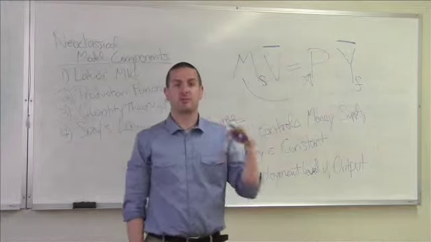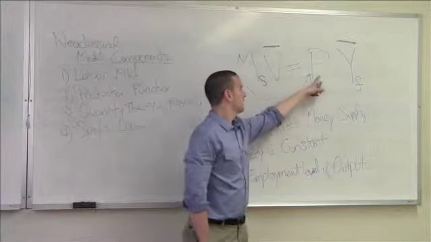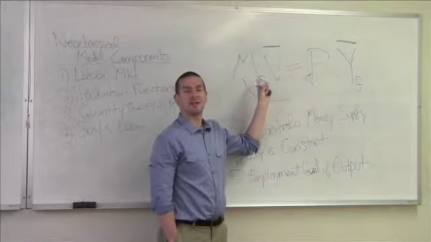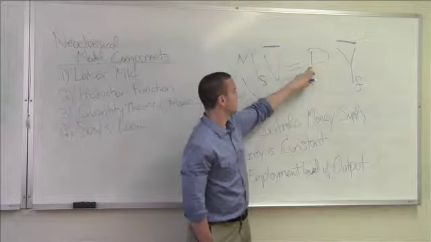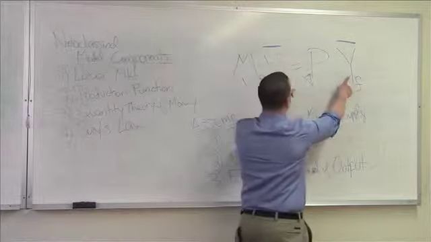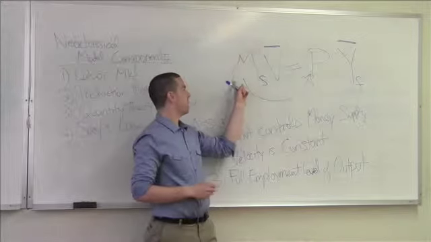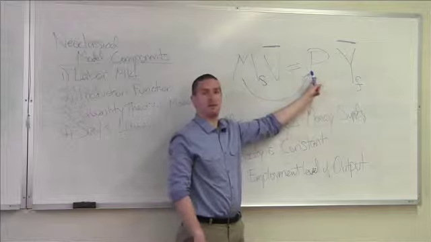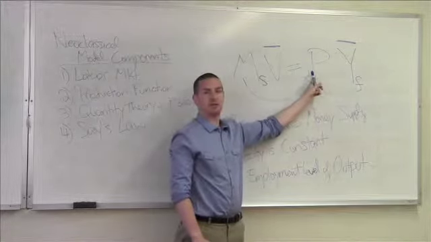So if prices are low, then the government hasn't printed enough money. Because if this is small, then this will be small, because remember, these are both constants. On the other hand, if this is large, this will be very large.